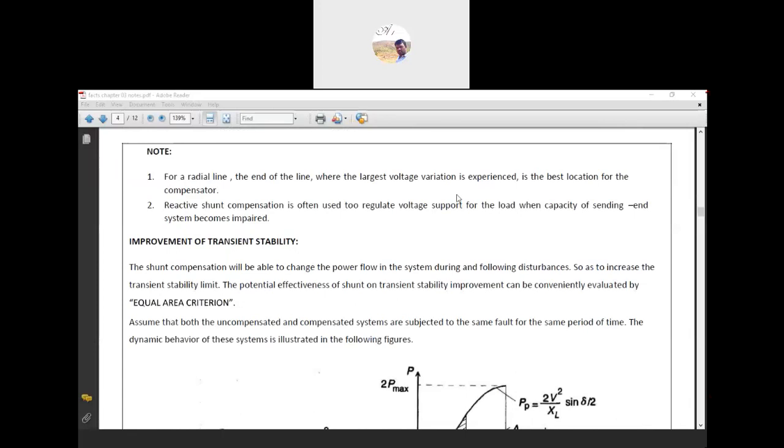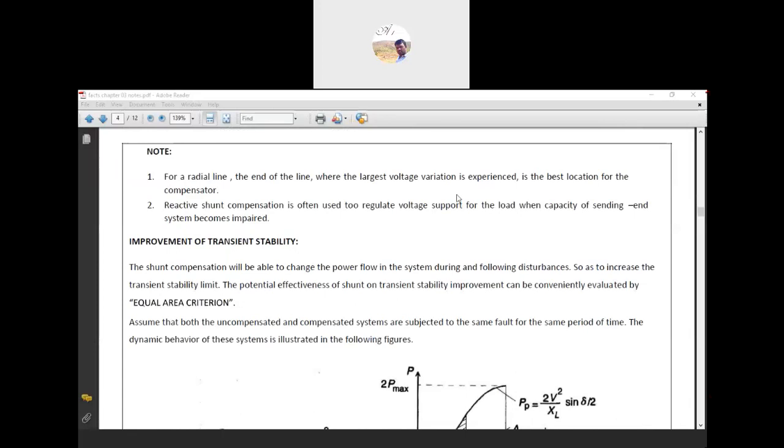So in this we have two models. One is the midpoint model for voltage regulation, and another is the endpoint one, where we connect at the end side.